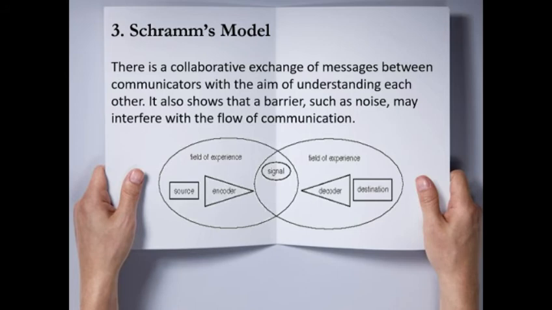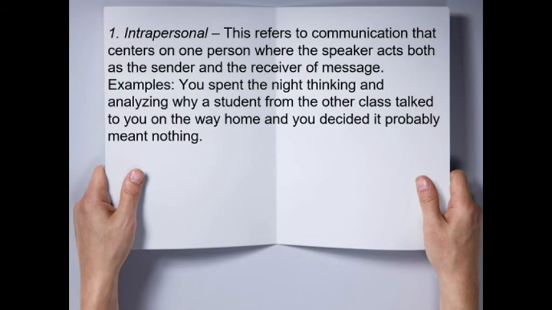Okay, so let's proceed to the types of communication. First, let's discuss intrapersonal. This refers to communication that centers on one person where the speaker acts both as a sender and the receiver of the message. For example, you spent the night thinking and analyzing why a student from the other class talked to you on the way home and you decided it probably meant nothing.